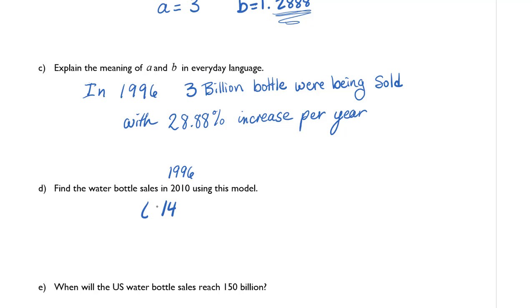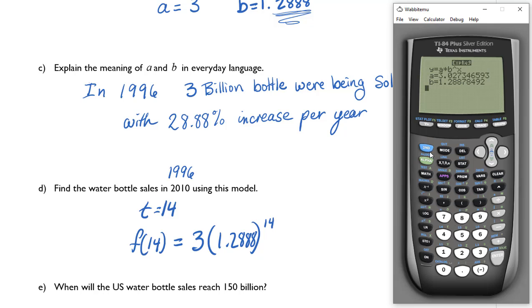So t is now 14 years, and that's our input. So our output, f of 14, is equal to 3 times 1.2888 raised to the 14. And we can do that in our calculator.